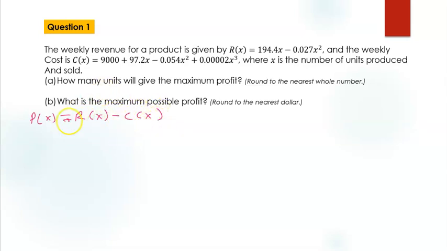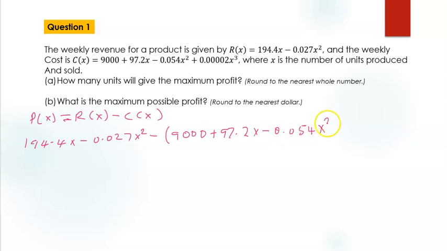So in this case, we take R of x, which is 194.4x minus 0.027x squared, and we subtract 9,000 plus 97.2x minus 0.054x squared plus 0.00002x cubed. This is C of x.